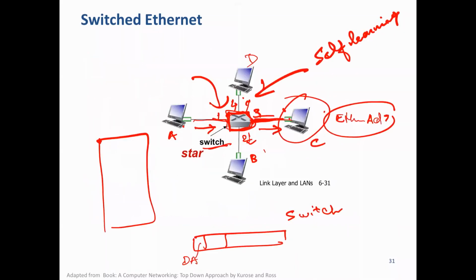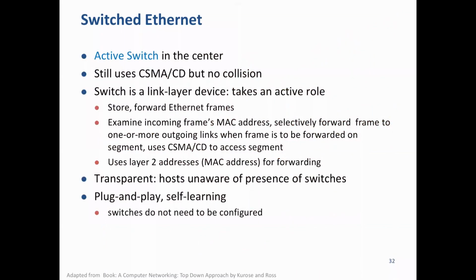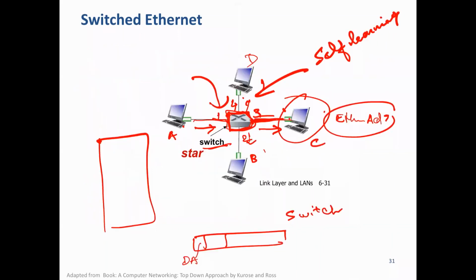We call this a switched Ethernet, and there's an active switch at the center. It still uses CSMA/CD, but with no collision. Now we have a store-and-forward method. If the frame goes from here, it will be stored in a buffer, and then the switch will do the processing.